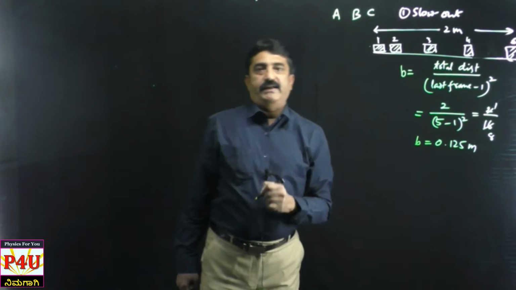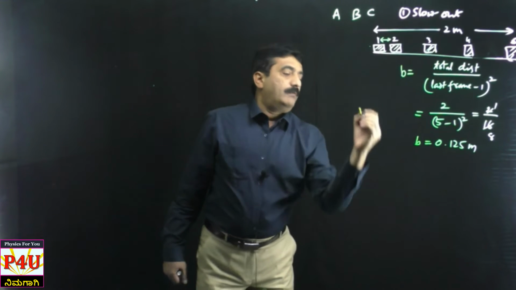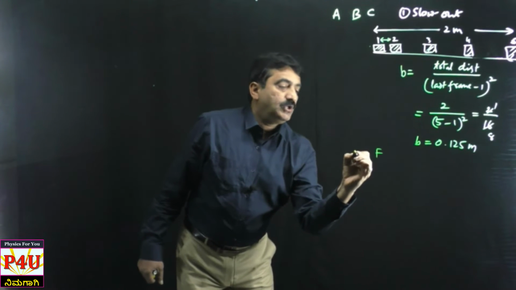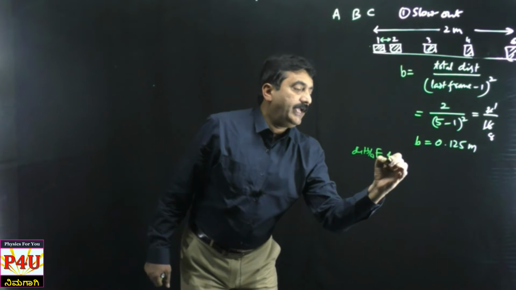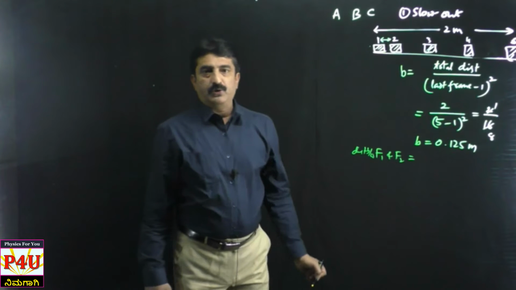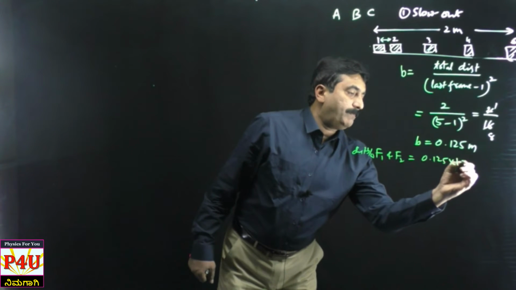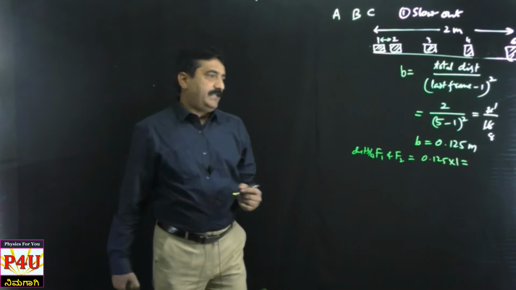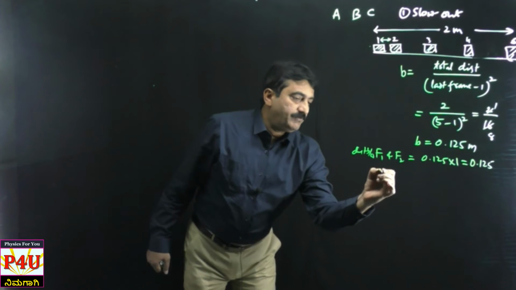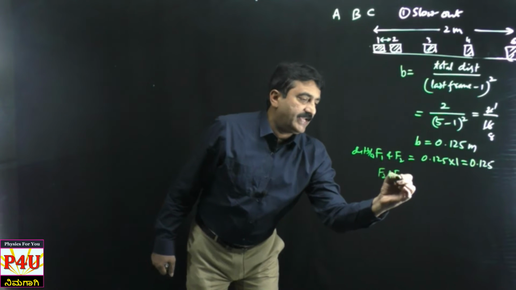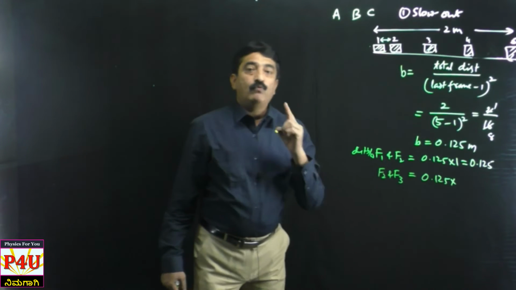I know base distance. Now what is the distance between 1 and 2? I should write distance between F1 and F2. That is equal to base distance 0.125 multiplied by 1, that is equal to 0.125. Next, distance between F2 and F3 is equal to base distance multiplied by what number?